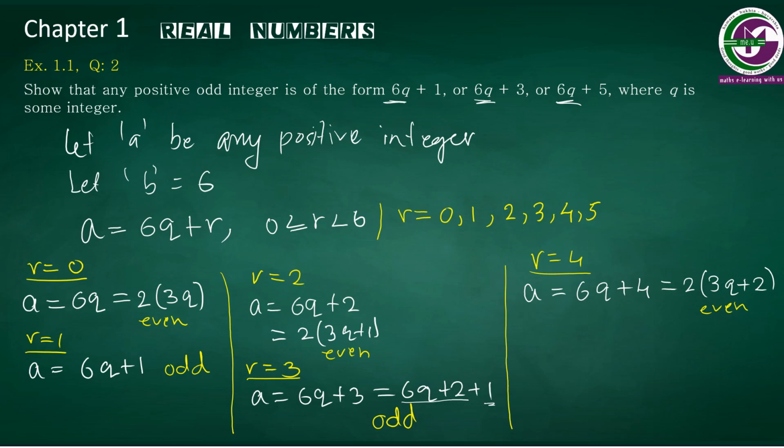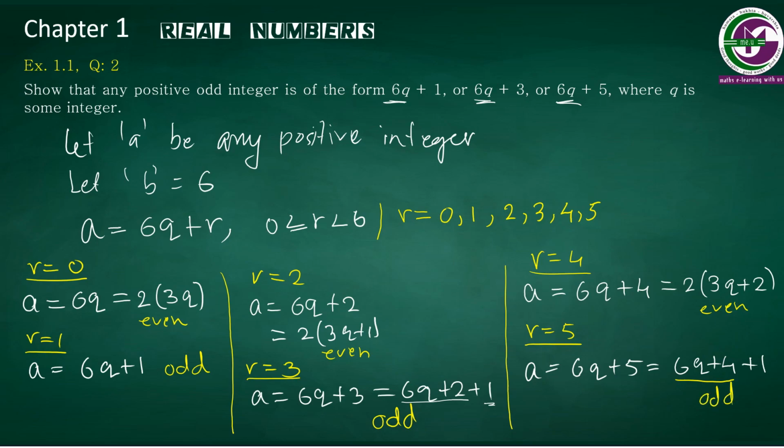Now the last option, r equals 5. Here a can be written as 6q plus 5, which can be further simplified as 6q plus 4 plus 1. So 6q plus 4 is an even number from the previous line, and an even number plus 1 is always an odd number. So this is an odd number.